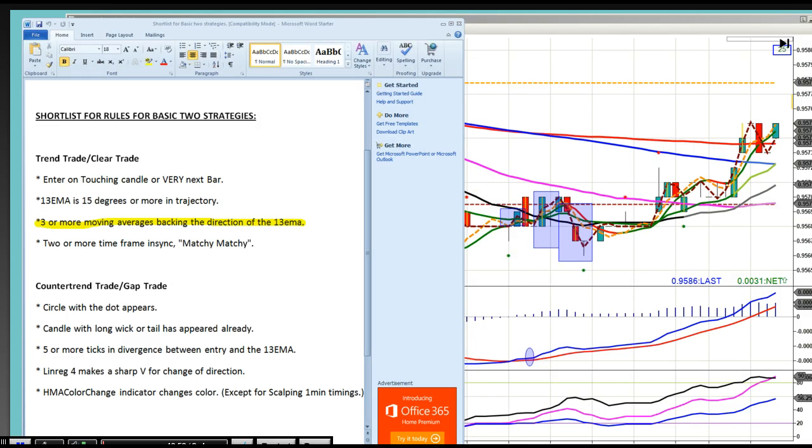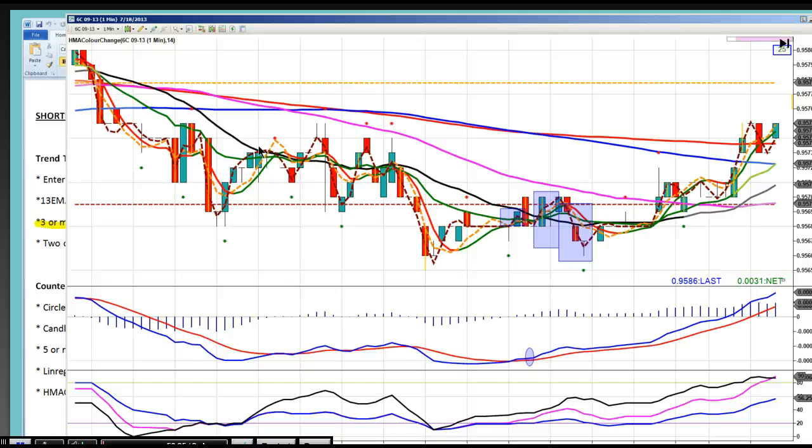I like my fishy analogy when it comes to moving averages, because you always got to think that these moving averages are not just pretty colored lines. They're averages. They represent trades. They represent fishies. If you think of your 13 moving average as your 13 fishies swimming upstream or downstream, your black one, your 20, represents 20 fishies, and your magenta is 50 fishies, your blue one is 100 fishies, and your red one is 200 fishies.